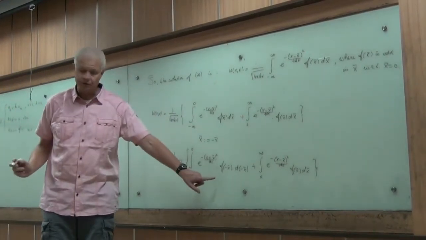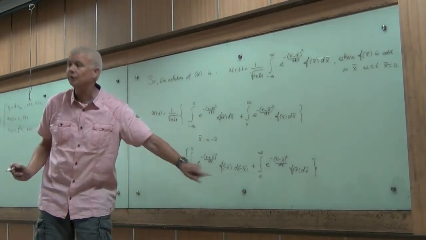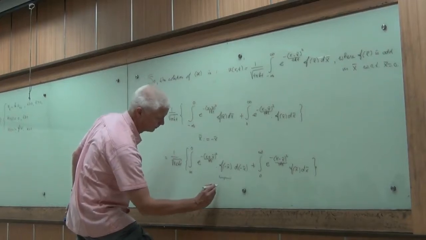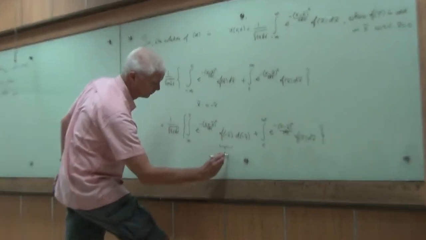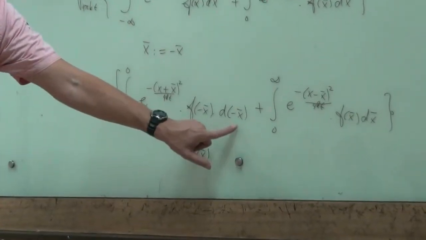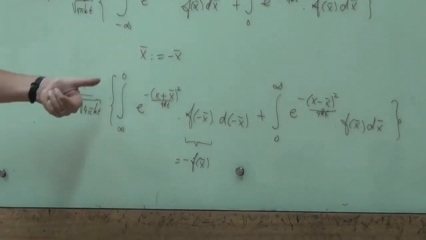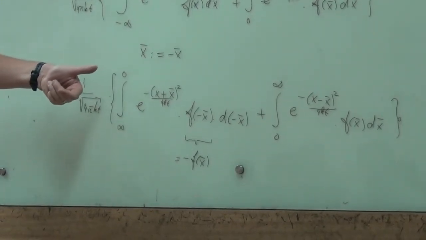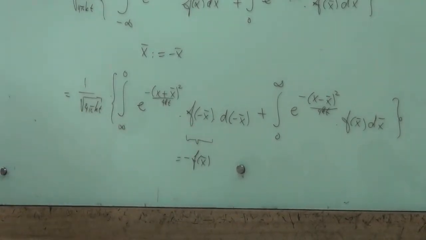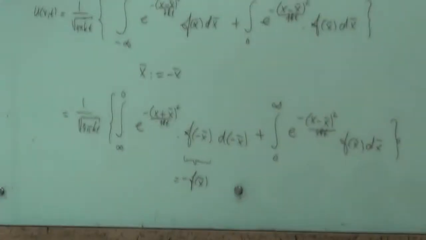And now I use the fact in this integral that f(-x bar) is equal to the minus of f(x bar). And of course this is minus, so I get a minus here. And I switch this integral. So I have 3 minuses: this minus due to the switch, here a minus and here a minus. So I'm left with a minus. Okay, so I can rewrite the solution.